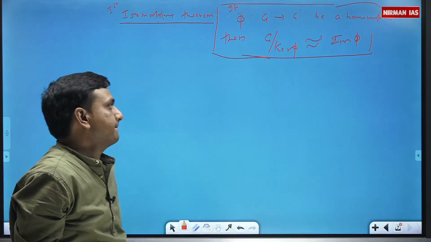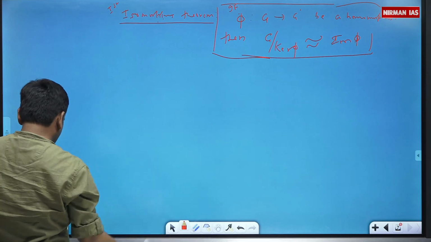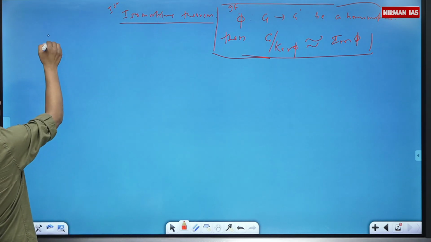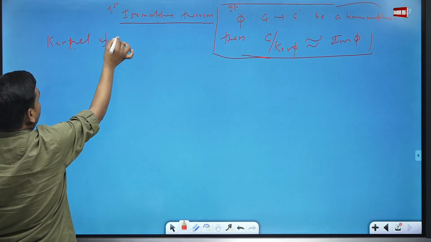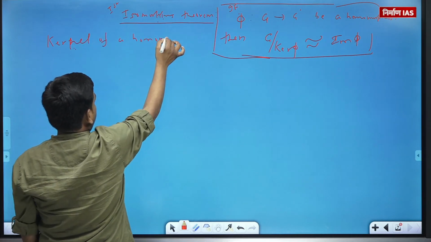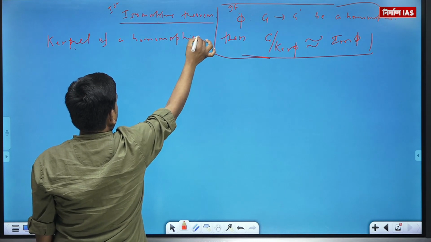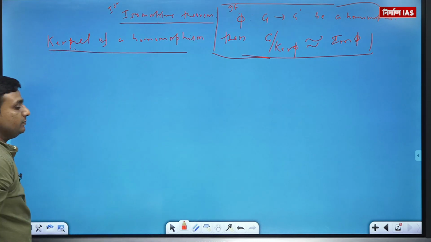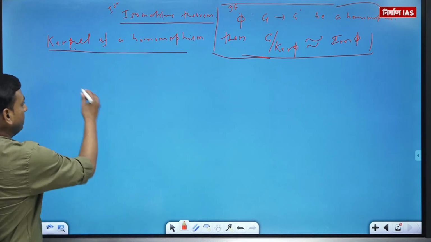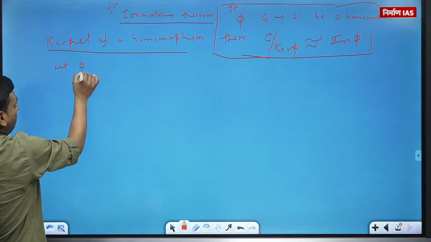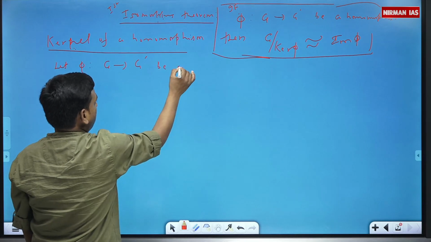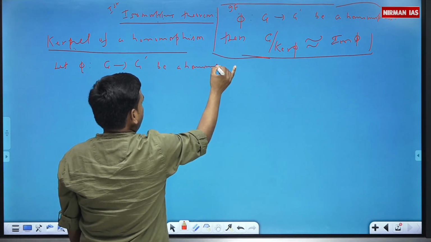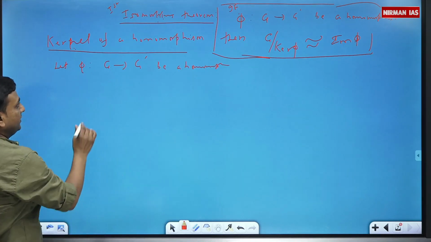Okay, so now I am going to define what is ker phi. That is called kernel of a homomorphism. Let phi be a homomorphism from G to G dash.